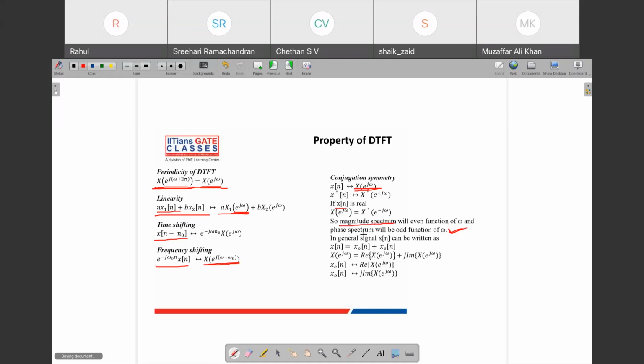And if it is real plus even, then in the frequency domain it will always be real. If it is real plus odd, in the frequency domain it will be imaginary. So in general, if you have a signal composed of real plus odd, the odd corresponds to the imaginary term, and the even corresponds to the real term.